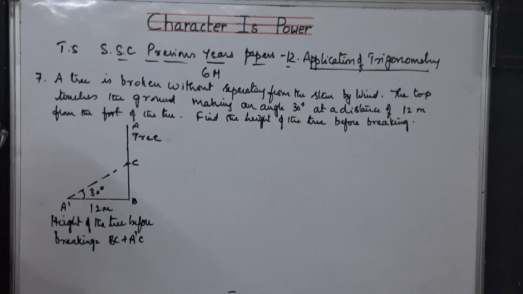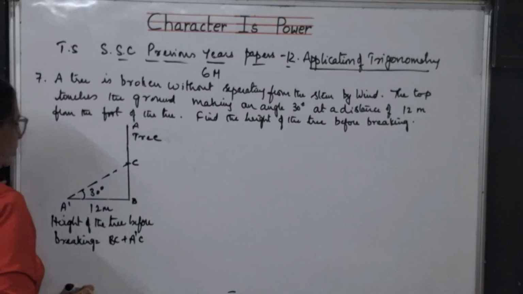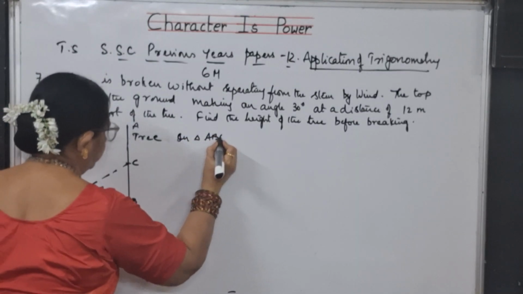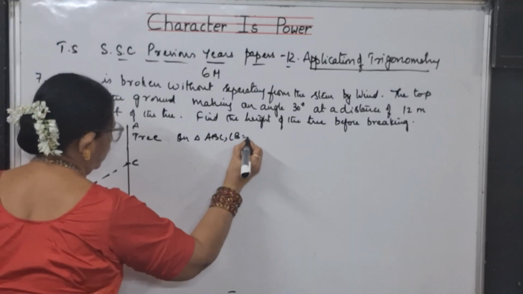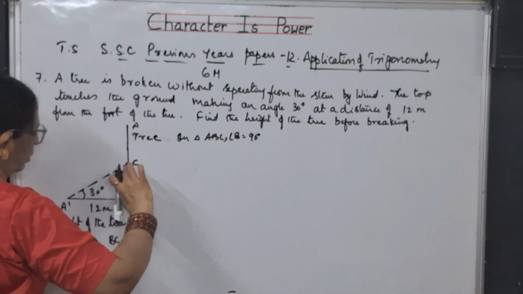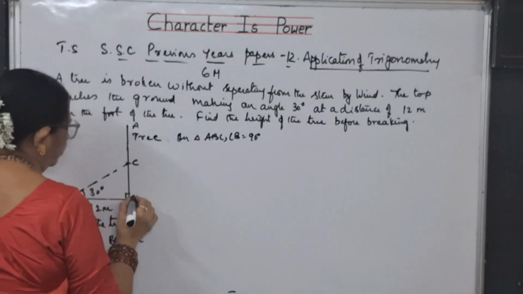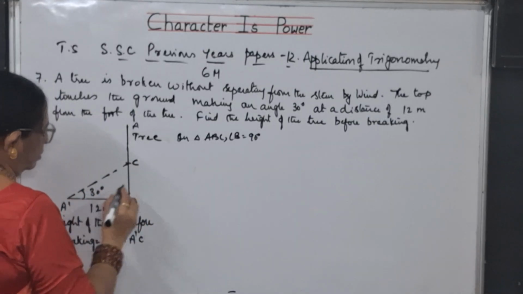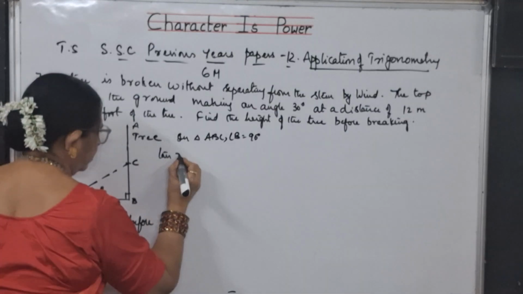So let us consider triangle ABC first. In triangle ABC, angle B is 90 degrees. So you want BC, the opposite side, and this is opposite side by adjacent side, that is tan 30.